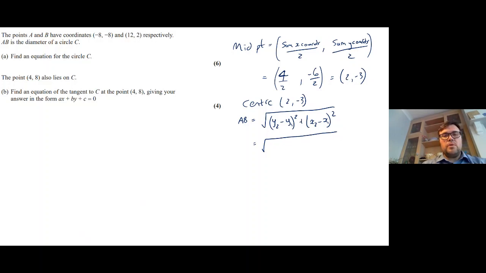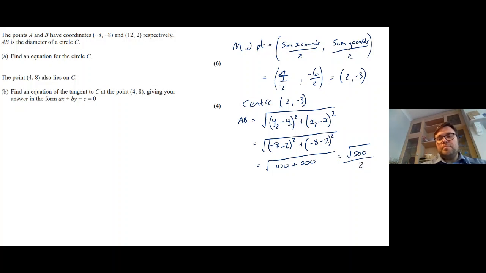So I'm going to go -8 minus 2 all squared plus -8 minus 12 all squared, which will give me the square root of 100 plus 20 squared, which is 400. So that is the square root of 500, the length of the diameter. As I said, I need the radius, so I need to divide that by 2.